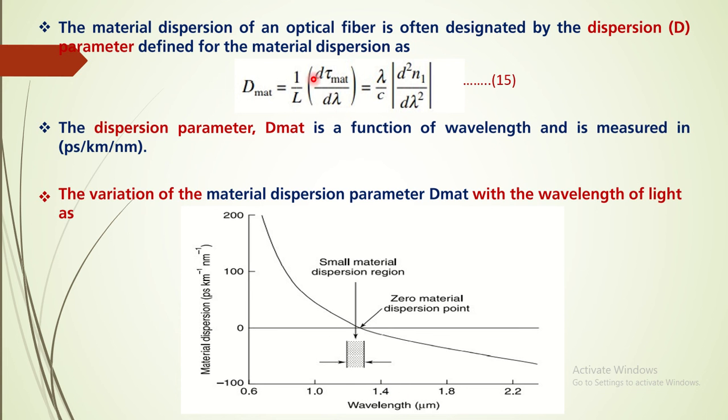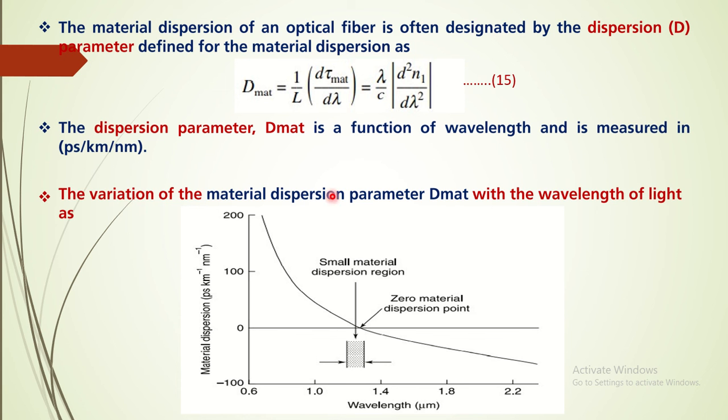If you substitute d tau mat divided by d lambda, you will get equation 15. This equation 15 is your dispersion parameter D mat, which is a function of wavelength. So when I want to reduce the dispersion, I have to increase the wavelength.